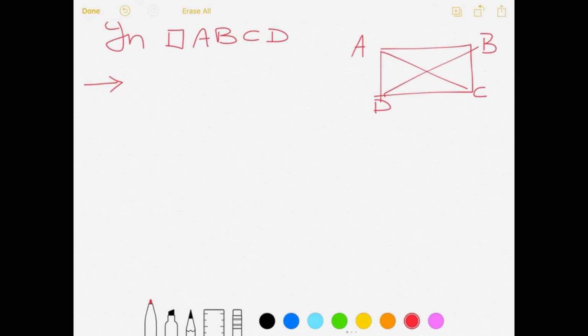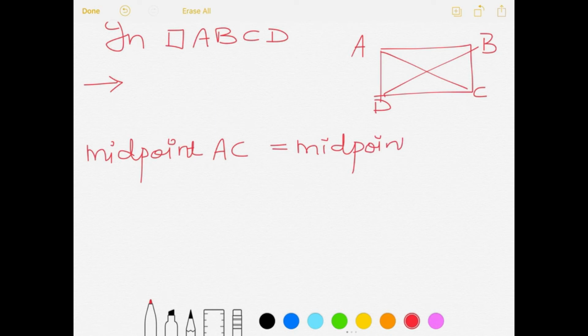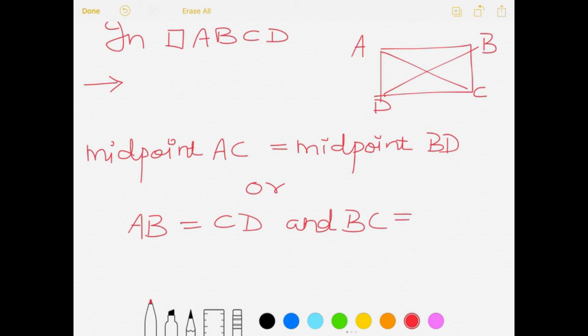If the midpoint of AC equals the midpoint of BD, or if the side AB equals the side CD, and the side BC is equal to the side AD, then the quadrilateral ABCD is a parallelogram.